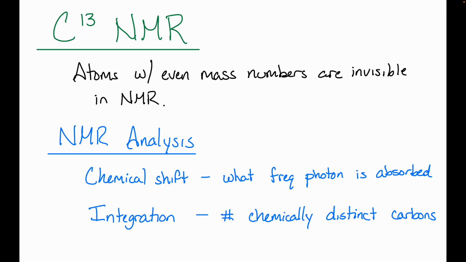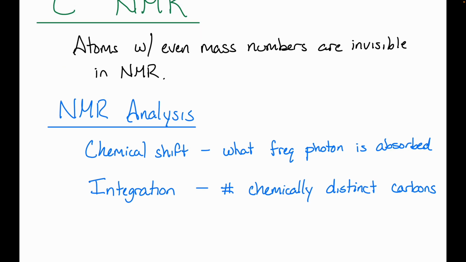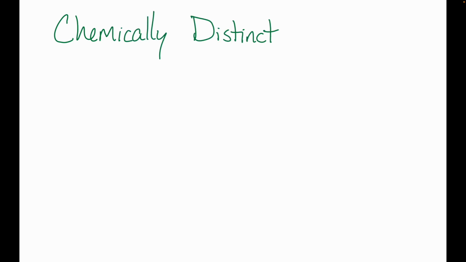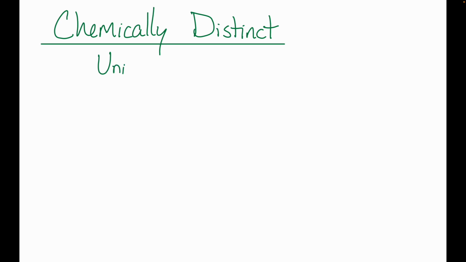All right, so we're going to practice this idea of being chemically distinct here. By that we simply mean a unique chemical environment. But what the heck does that mean?